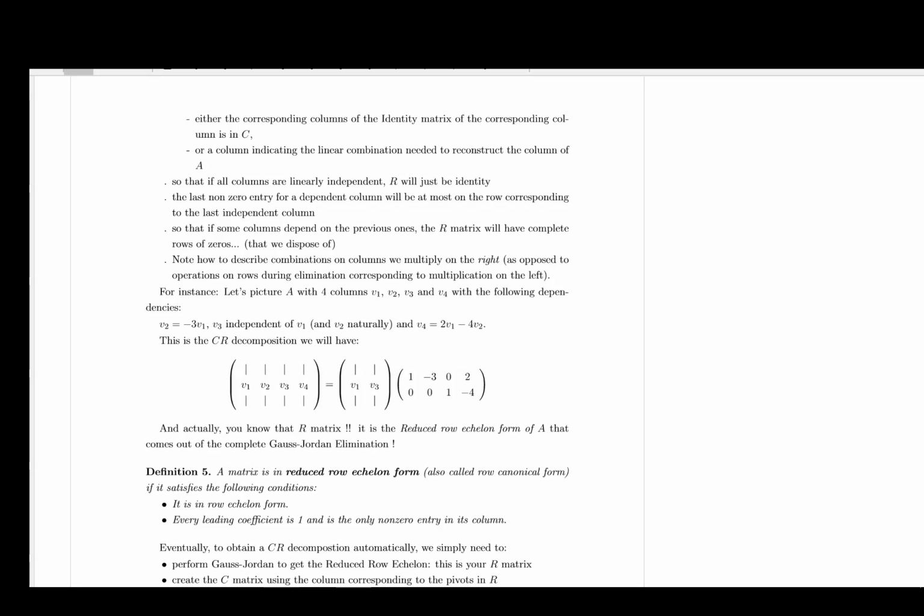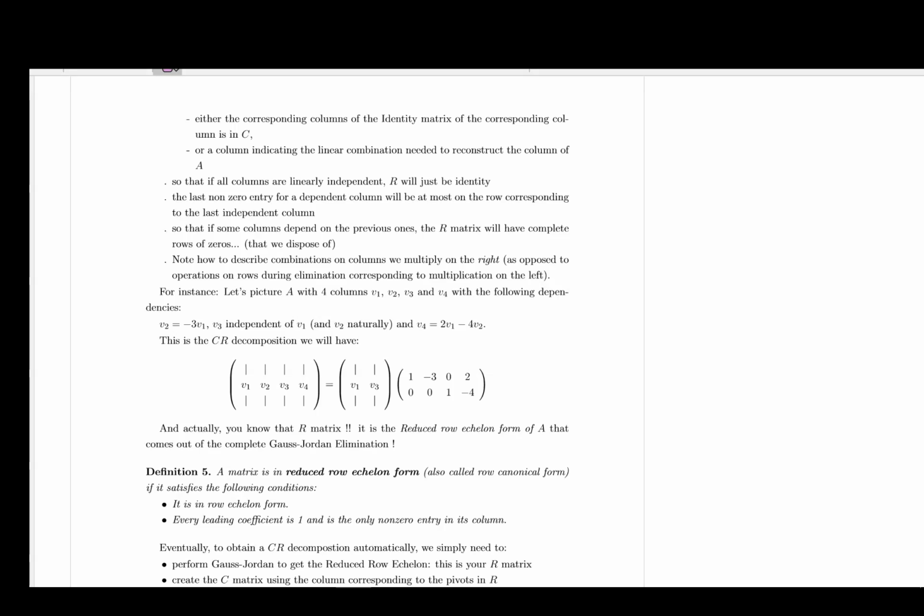In that case, it's going to look like some parts of the identity matrix, as in these two examples. Or it's going to depend on previous columns, and in that case, we need to indicate what kind of dependency we have. Okay, so let me just erase those colors so that we can rework on that.